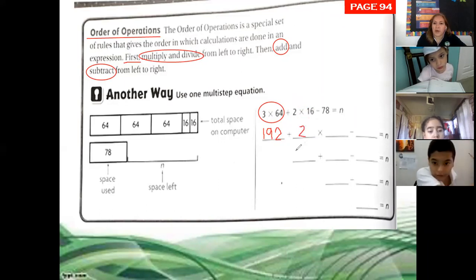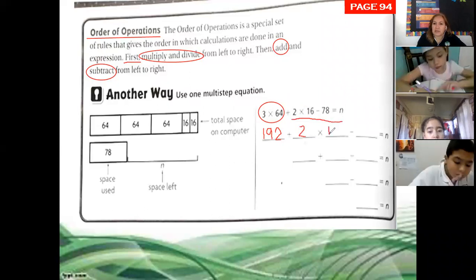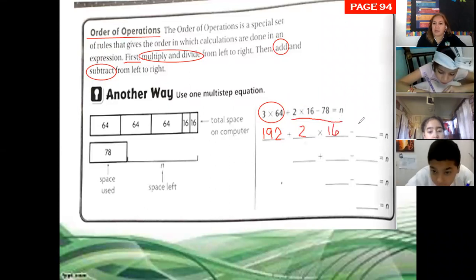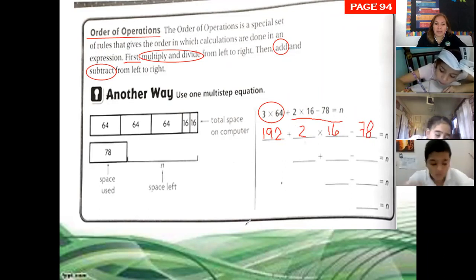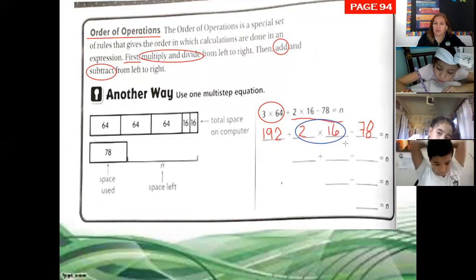Now, we are going to copy the rest. 2 times 16 minus 78 equals n. Now, we are going to do the second multiplication. Esos círculos no los hagan porque se les va a ver muy rayado su libro.